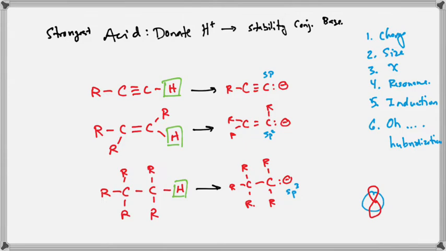The sp atom is effectively more electronegative than the sp3. And because it is effectively more electronegative, what does that mean about the stability of the negative? It is more stable. And if the conjugate base is more stable, what does that say about the acidity? It's more acidic. That's where you use induction.